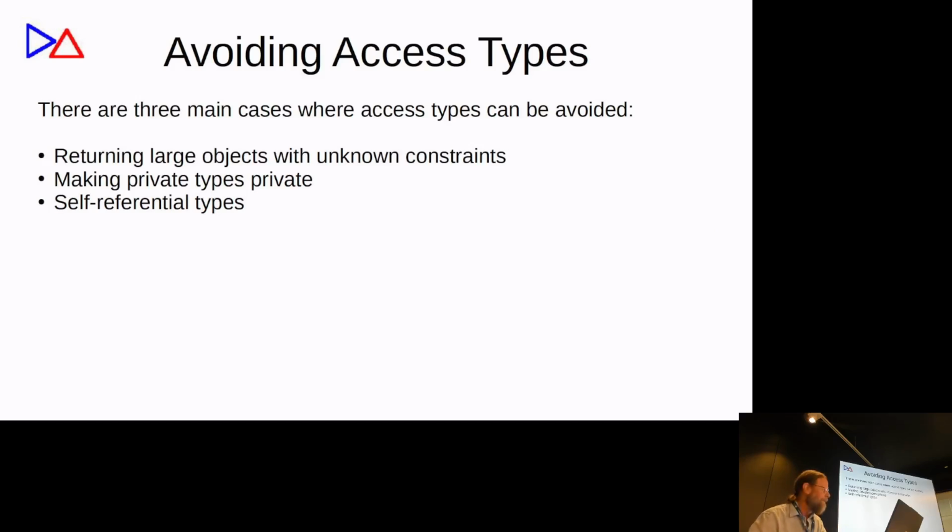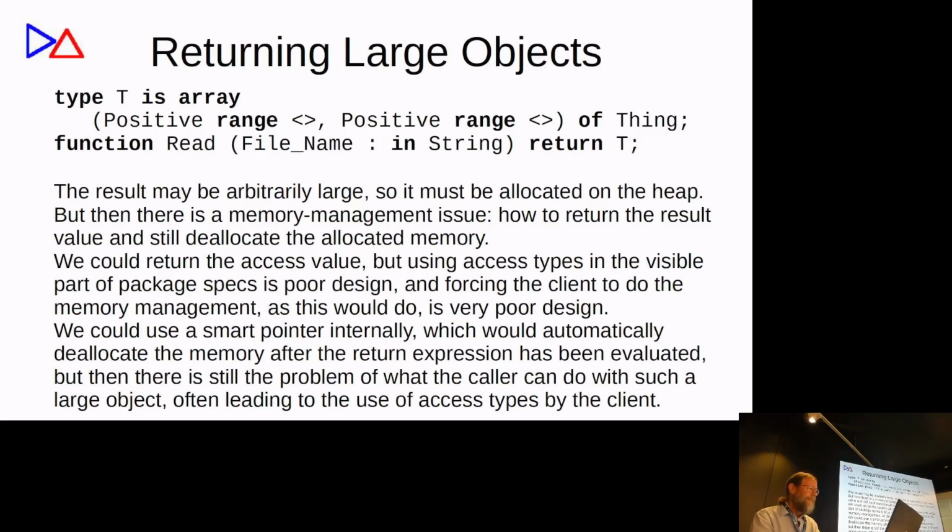So I'm going to show 3 cases here where people have often used access types, and I tried to avoid them. So the first case is returning large objects. If you have this type here, depending on what it represents, the object can be arbitrarily large and has to be allocated on the heap.